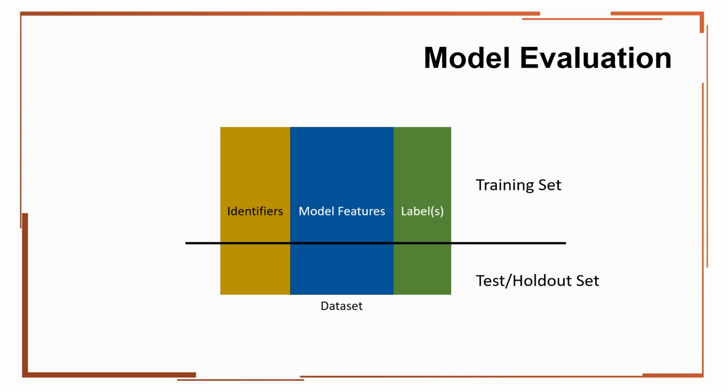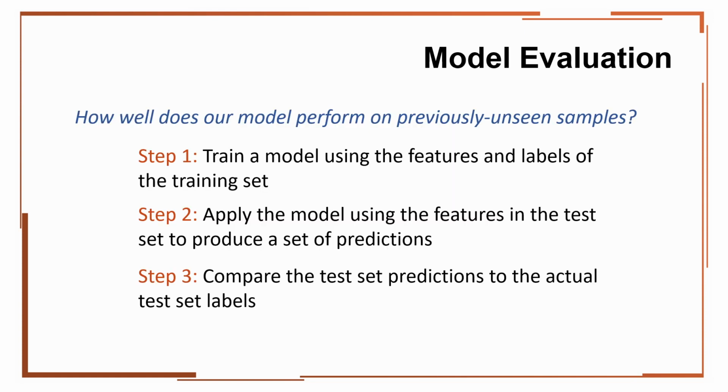In its simplest form, we can take our original data set and split it into a training and a holdout set that can be used for testing. This evaluation addresses the question of how our model performs when predicting outcomes for samples that the model has never been exposed to during training.